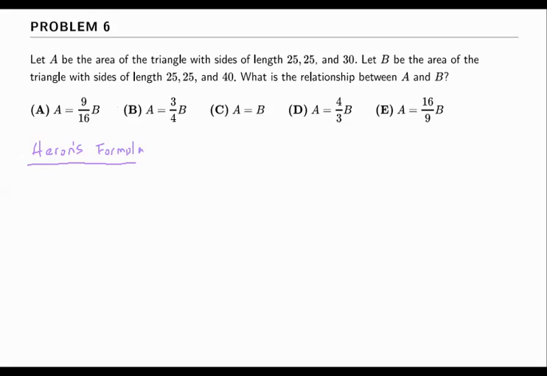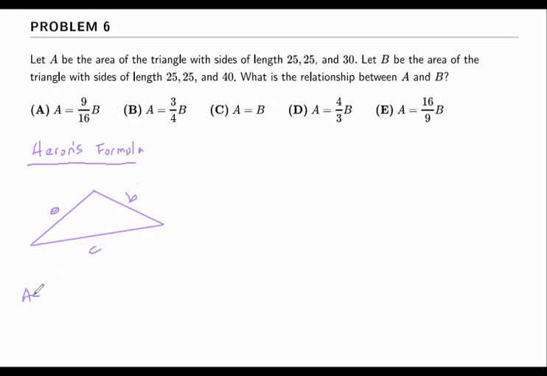Okay, how is this gonna look? So you have a random triangle. Let me draw an example. Let's say this is A, this is B, and this is C. The formula looks like this.